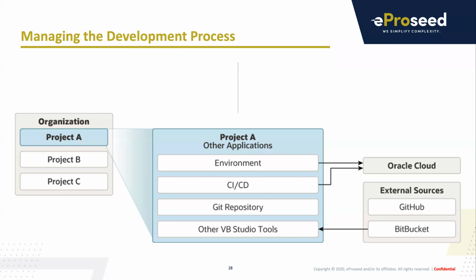You can have your continuous integration, continuous deployment. You have a Git repository, and there can be other tools. You can connect to external sources. So if you don't want to use the Git repository, or if you want to use both the Git repository on Visual Builder Studio and an external Git repository, or Git bucket for that matter, it can all be linked together.